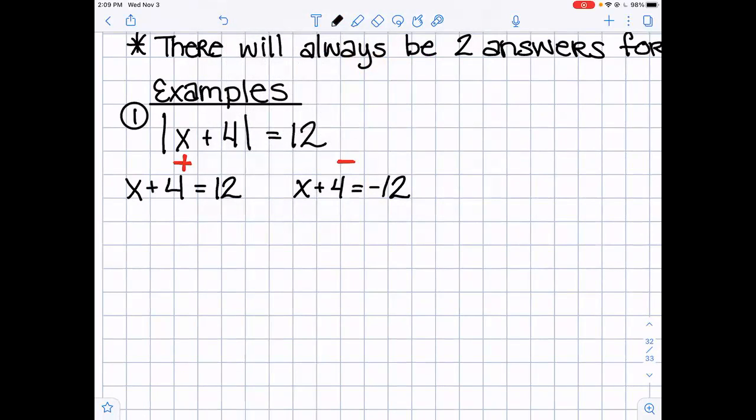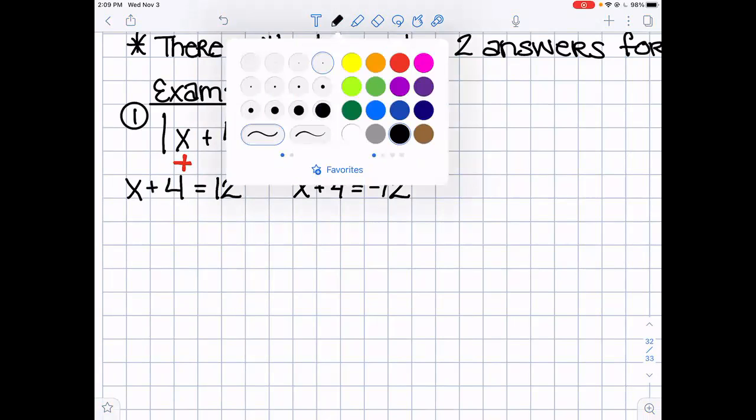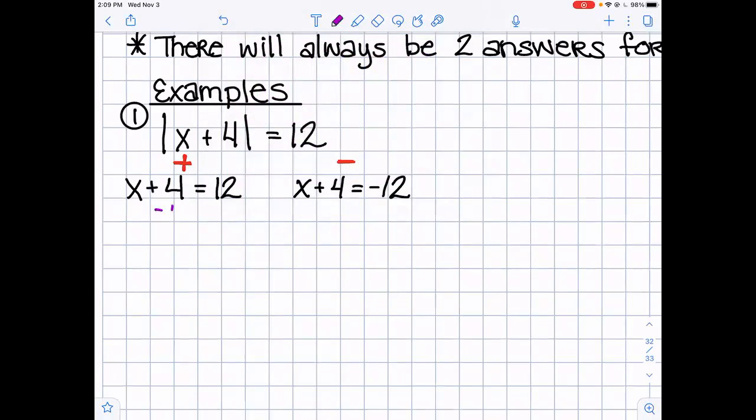Okay, where did the problem go up here? Okay, so once you have these broken into two separate problems, solving them is stuff we've done before. So how would I solve the first one? Subtract 4.